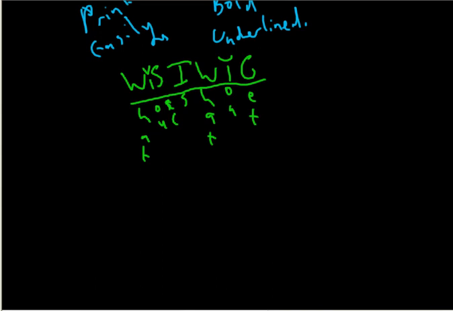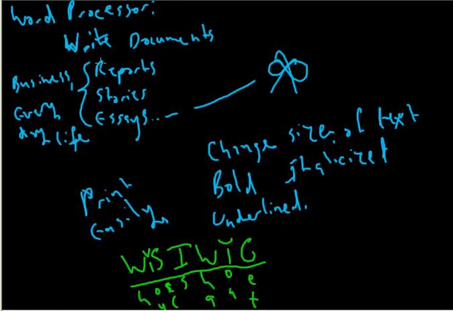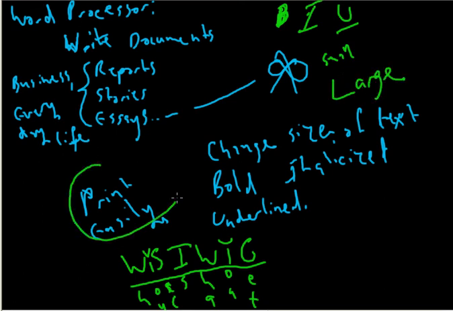Basically, in word processors, which are different than regular text editors, you can see what you're writing, like if it's bold, or italicized, or underlined, or if it's small or large. And then when you print it out, it'll look exactly like it does inside the word processor.